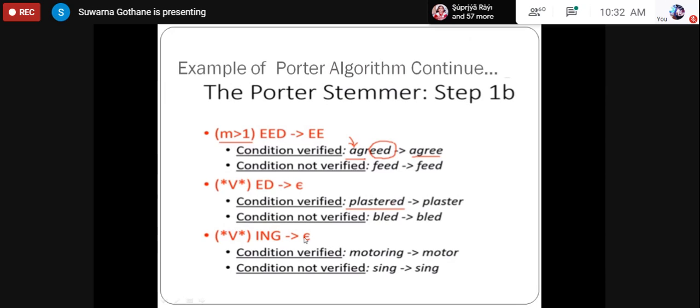The ING is removed, so it becomes 0. But for some particular words it is not applicable. Sing has its own meaning, and if we remove the ING it does not work, as the word loses its root. So in certain conditions it is not considered.